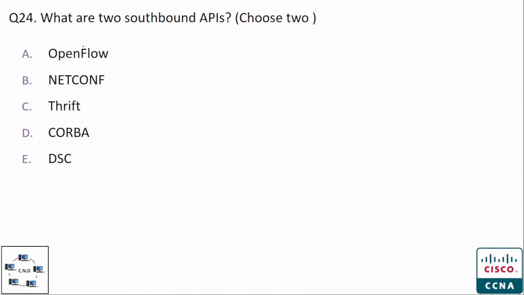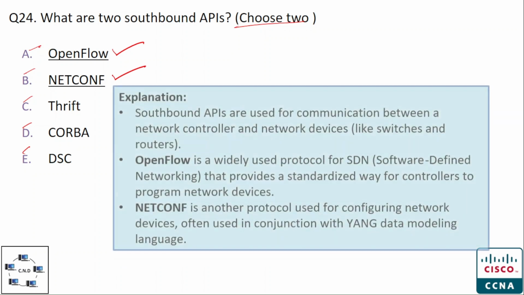Question number 24. What are two southbound APIs? Choose two. The options are: option A, OpenFlow; option B, NETCONF; option C, Thrift; option D, CORBA; and option E, DSC. The correct options are option A, OpenFlow, and option B, NETCONF.